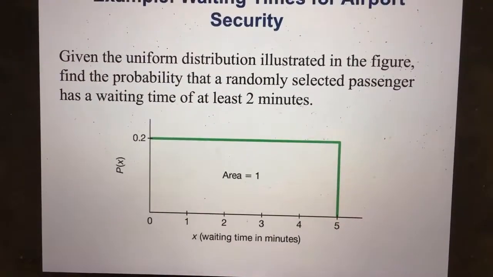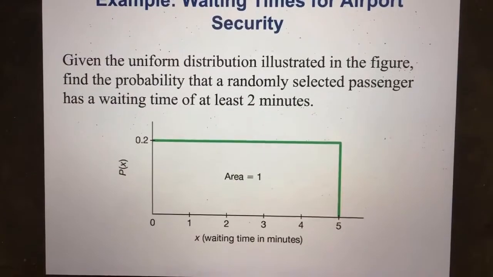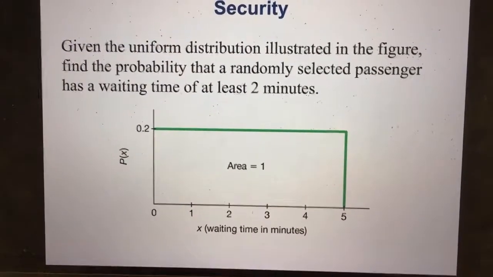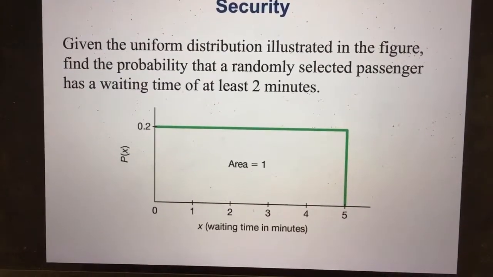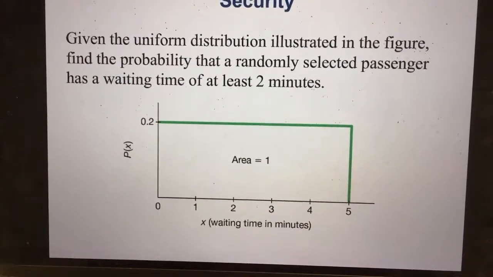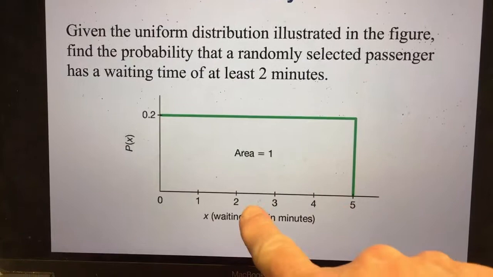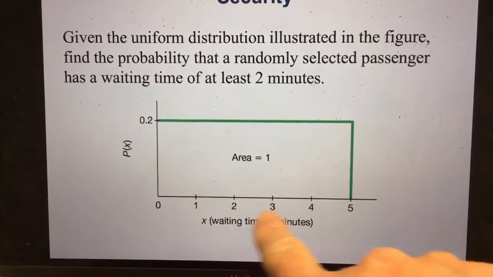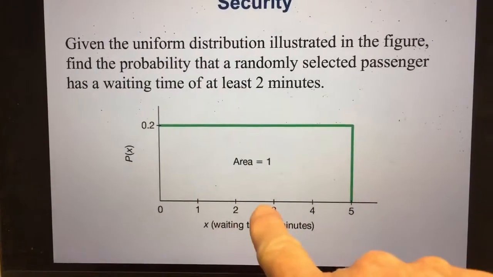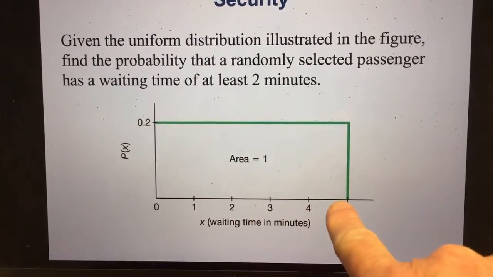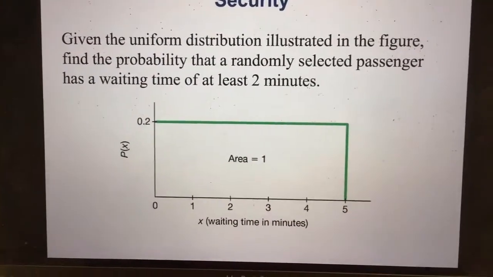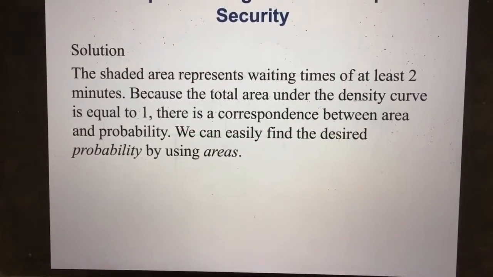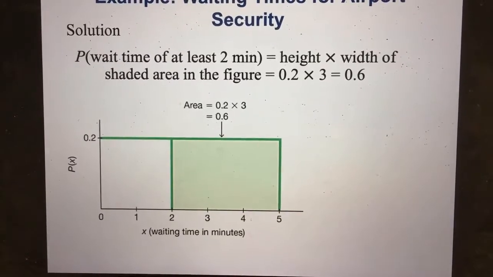So then it says, given the uniform distribution illustrated in the figure, find the probability that a randomly selected passenger has a waiting time of at least 2 minutes. Okay, well, at least 2 minutes would mean 2 minutes, 3 minutes, 4 minutes. Since we've got 0.2 and then we've got 3 time slots that we're talking about, it's going to be 3 times the 0.2, which should be 0.6.